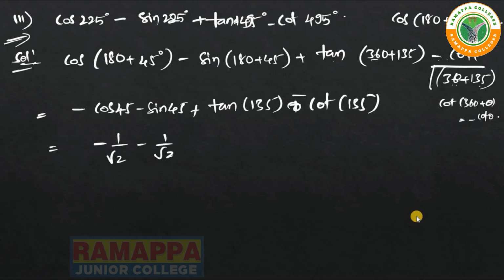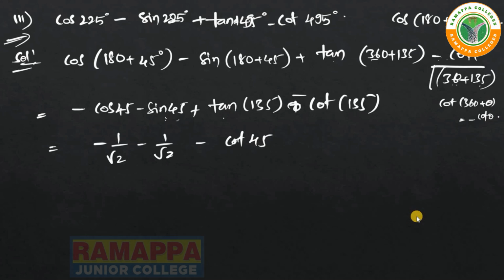I am writing sin 45 here, 1 by root 2, plus tan 135, which is tan of 90 plus 45, plus cot of 90 plus theta, which is cot 45 minus cot 45.